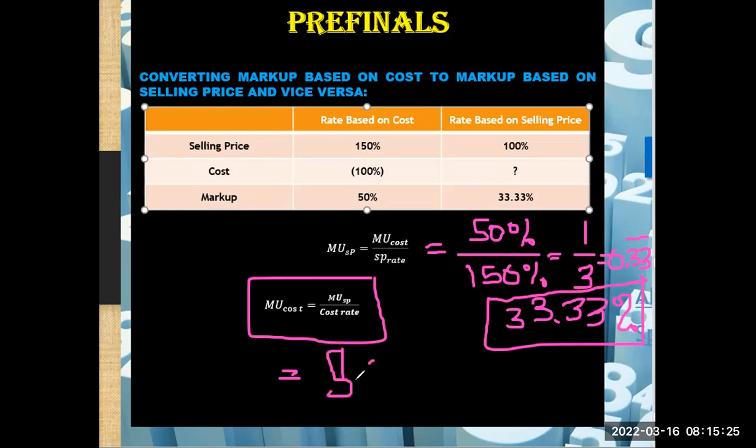It's 50% divided by, so automatically this one is 150. It's 67 point, 66, sorry, 66.67%. Because if we subtract, that's how it goes.